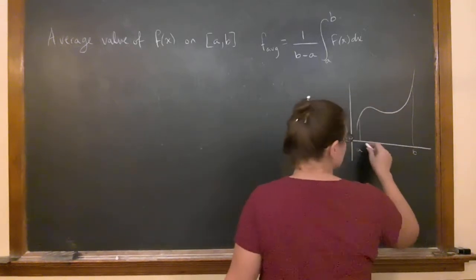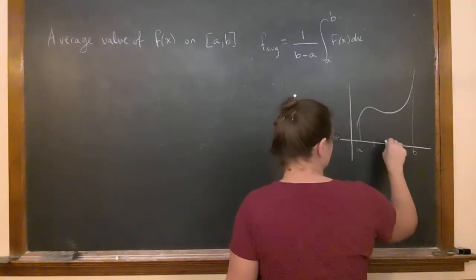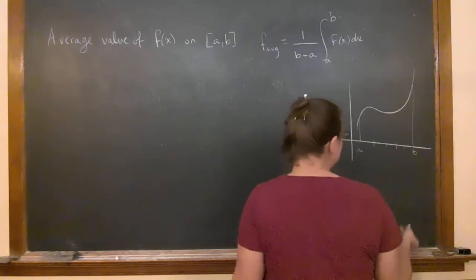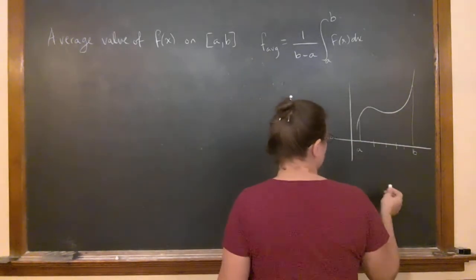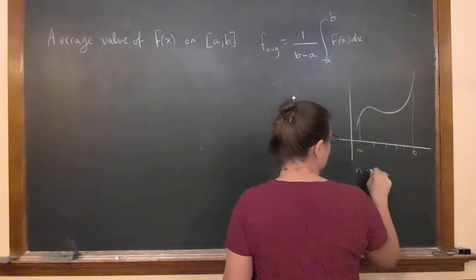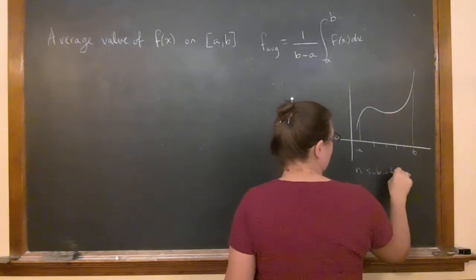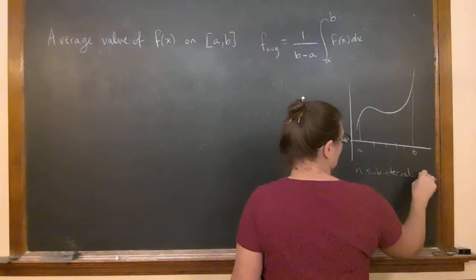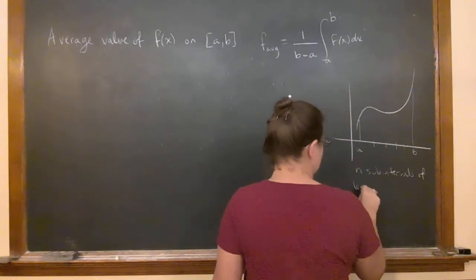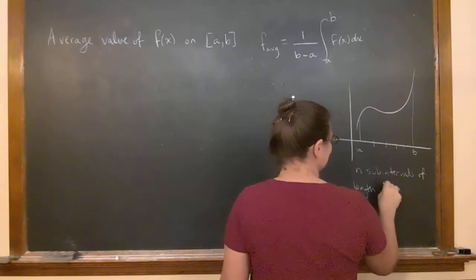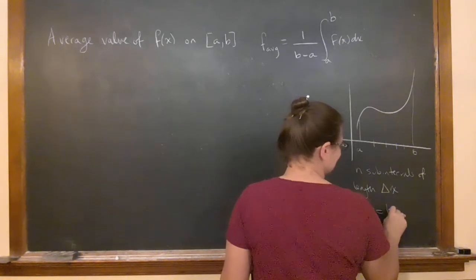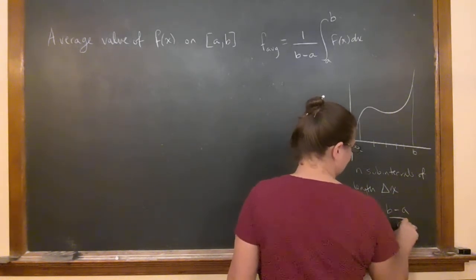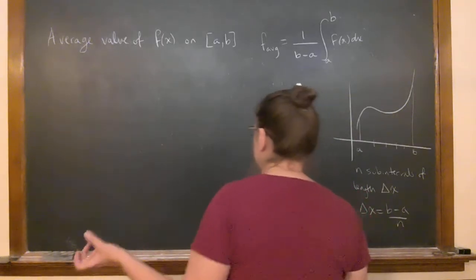We're going to take this interval from a to b and divide it up into n subintervals of length delta x, where delta x is b minus a over n like usual. So we're taking the same subintervals.